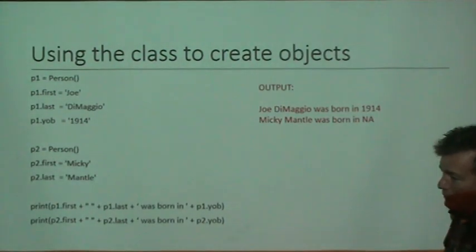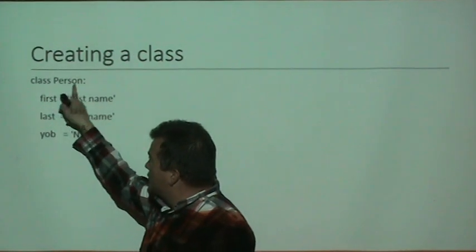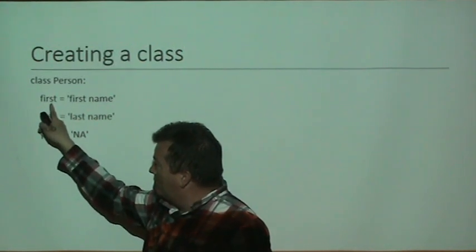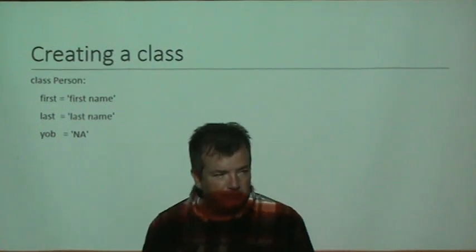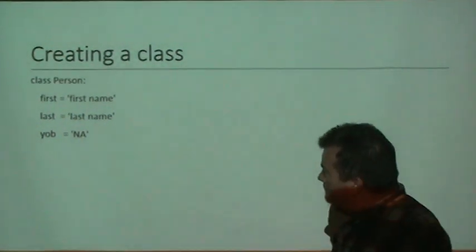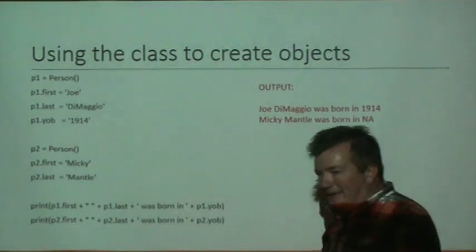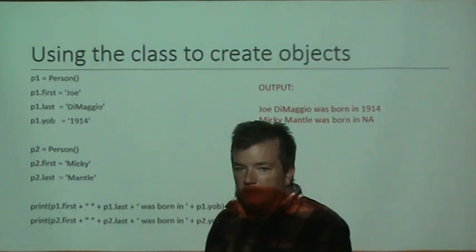Now, so I make a classification. So I say class person, colon. Then I indent, and I have the variables first, last, and year of birth, and I can even assign some values to it. Okay, so now suppose I come along and I want to start making variables of the type person.